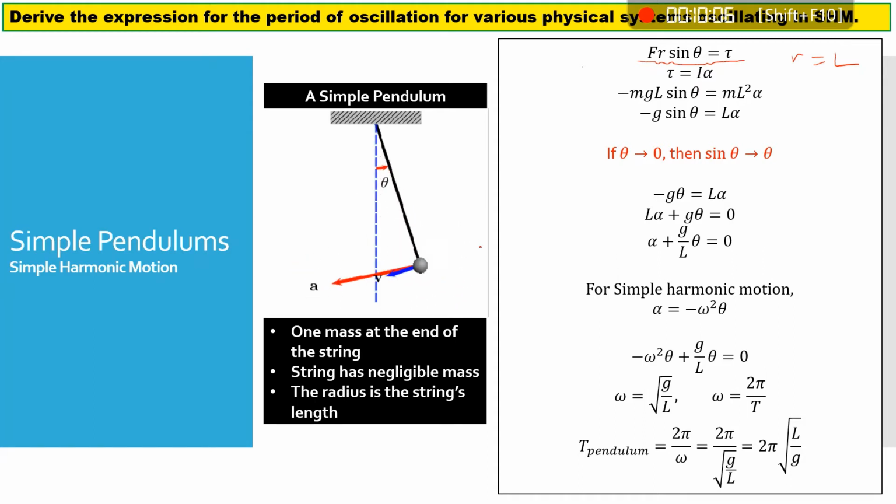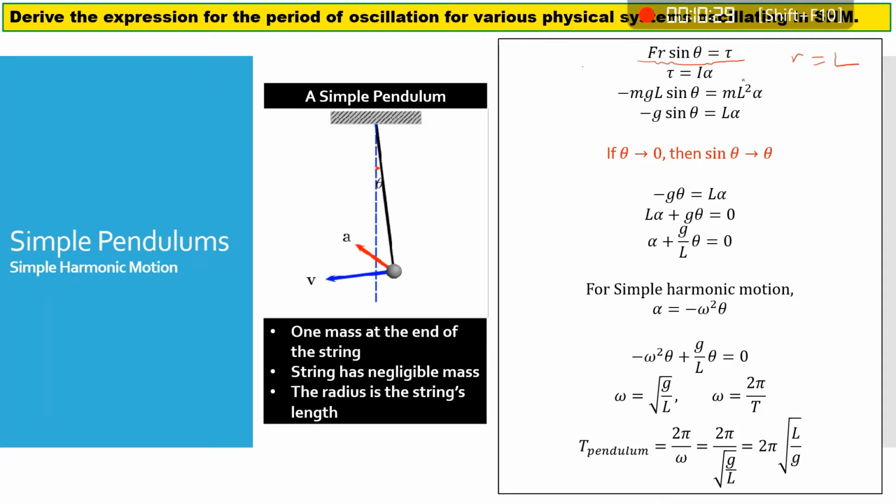Let me rephrase. So this angle is going to be 0 when the ball is at the left, in the middle, or at the most right? At the middle. Okay, cool. So we know what's going on.